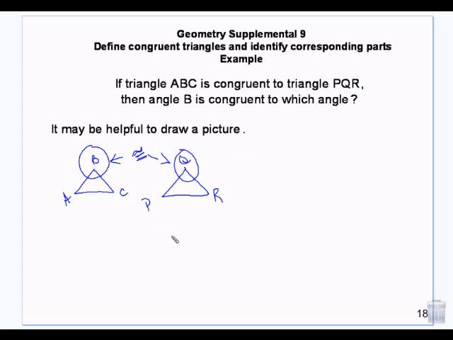But if you don't want to draw a picture, I can just look at the order that the letters are in, and I can say, hey, these are in the same place. They're congruent. That's why it's important what order you write the letters in, because it means something.